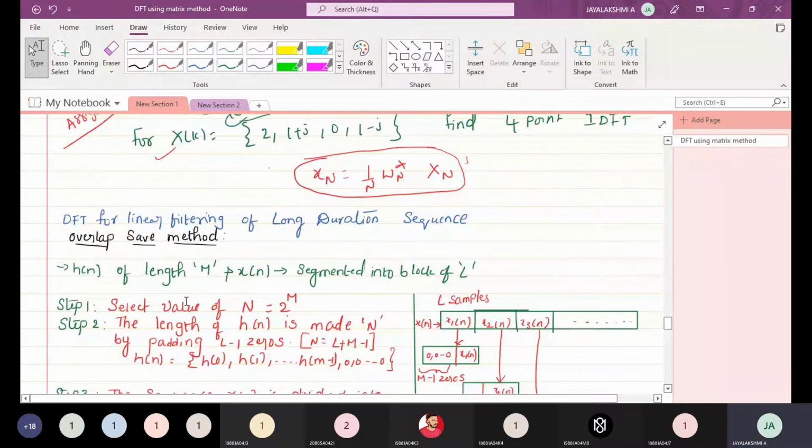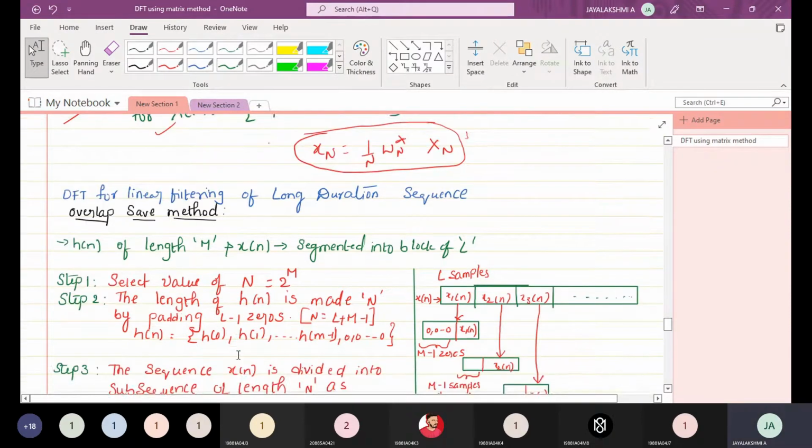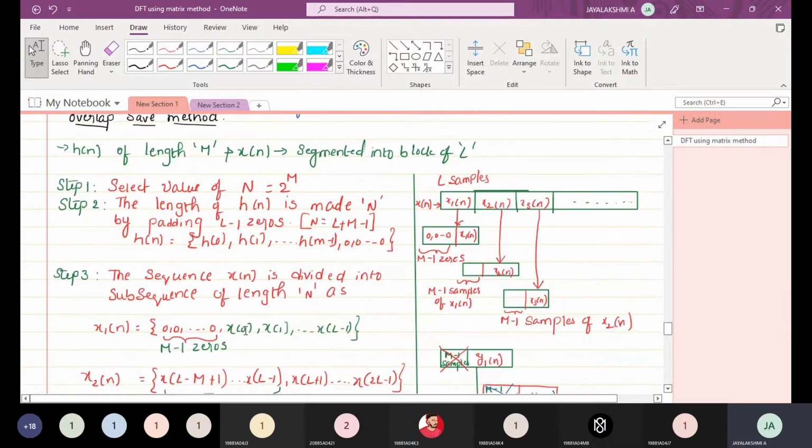So the first step to solve the overlap save method problem is to select the value of N, which is 2 power M. Step 2 is to pad your h of n sequence with L minus 1 zeros. Step 3 is to divide your long duration sequence x of n into subsequences x1 of n, x2 of n, x3 of n.